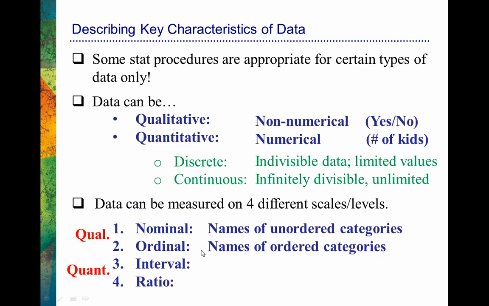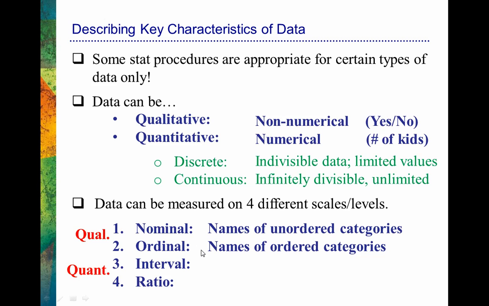So when I'm measuring size of cars, is the difference between a compact car and a mid-size car the same amount of difference, the same amount of change as there is from the mid-size car to the full-size car? I can't really be guaranteed that those are equal intervals, equal differences.